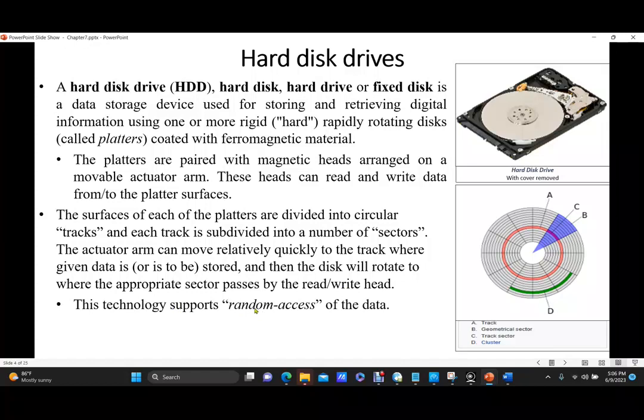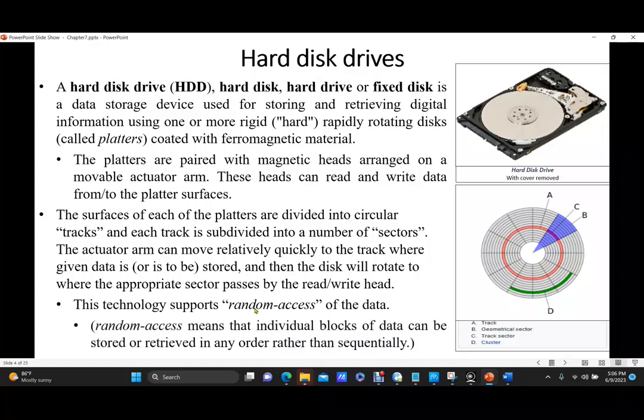This technology supports random access for the data. Random access means individual blocks of data can be stored or retrieved in any order, not purely sequential.